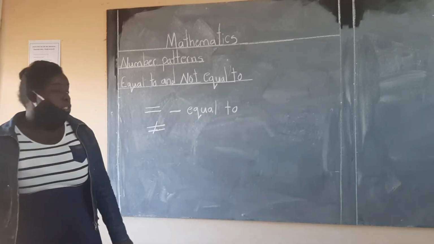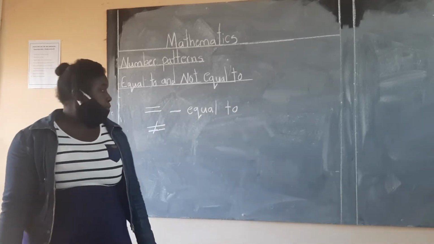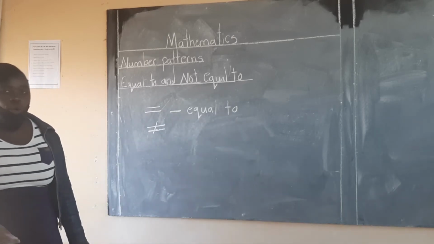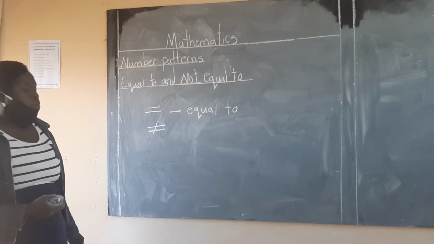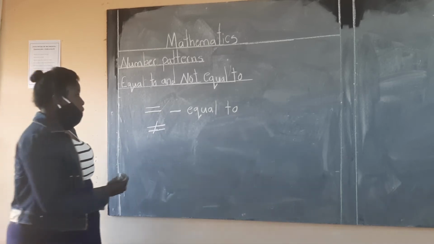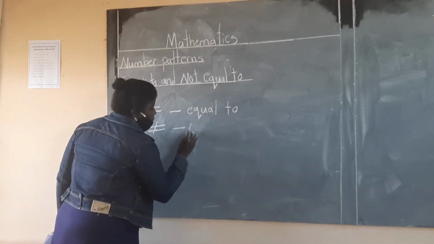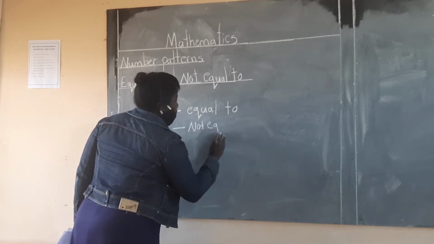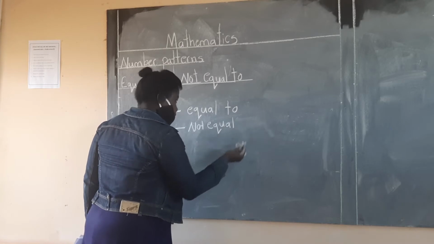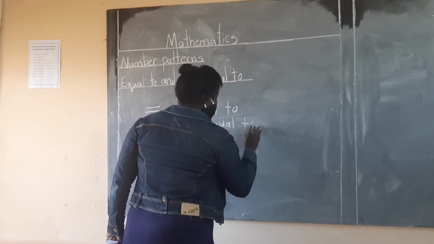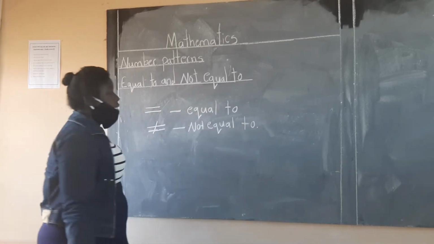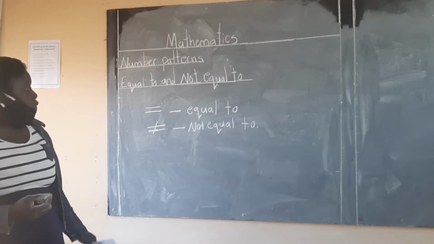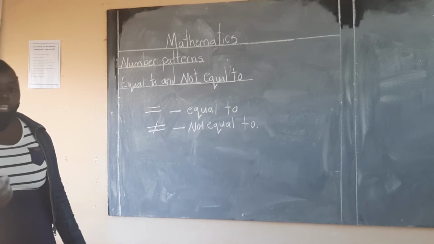Can someone tell us what that symbol stands for? Okay, so this symbol stands for not equal to. Okay, so I'm going to give you examples of how we use these two words so that you may understand.